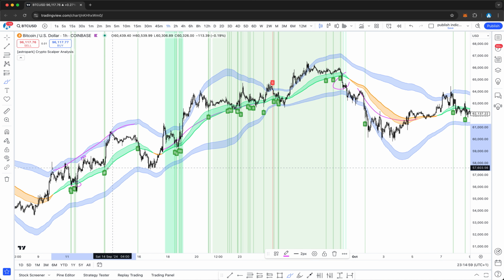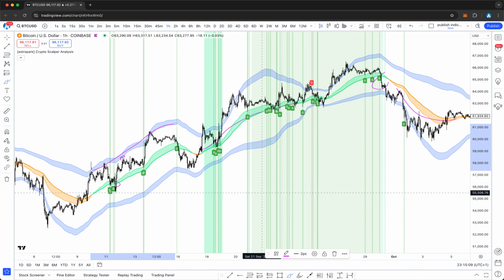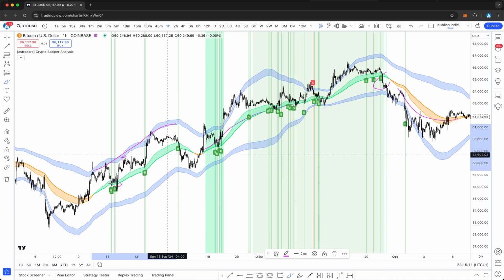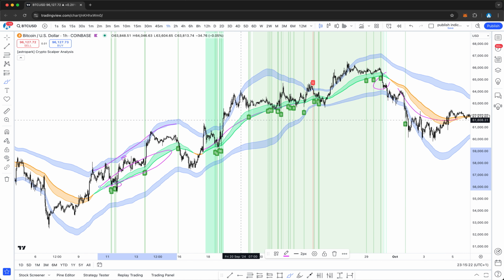Because this is a scalper, you are not expected to swing trade with this. So the basic idea is that once a trend is established, this cloud becomes meaningful, because you expect the price to respect this cloud as a support or resistance.